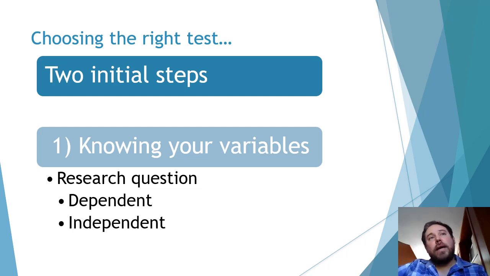So the first thing we have to do is choose the right test, okay? The two initial steps of choosing the right test: the first one is knowing your variables. So how will you know your variables? You need to look at your research question, okay? From your research question, you're going to take out the dependent and the independent variable.